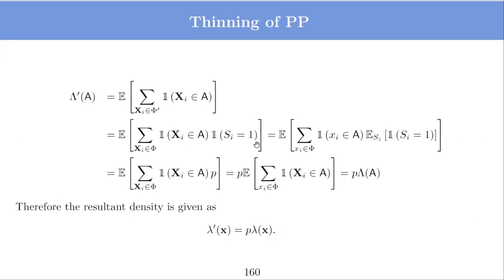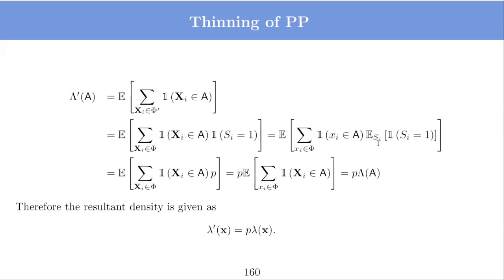Now this expectation is with respect to the points xi and S_i, because S_i is also a random variable. But I can take the expectation with respect to S_i inside, conditioned on the points. So this is the expectation of the summation over all points, and I take the expectation of S_i inside, because S_i does not affect the other points, and it also does not affect this function.